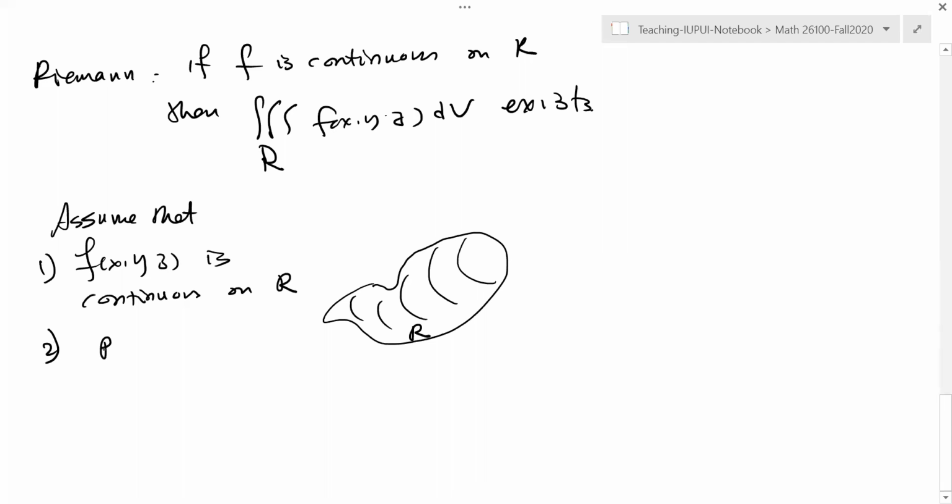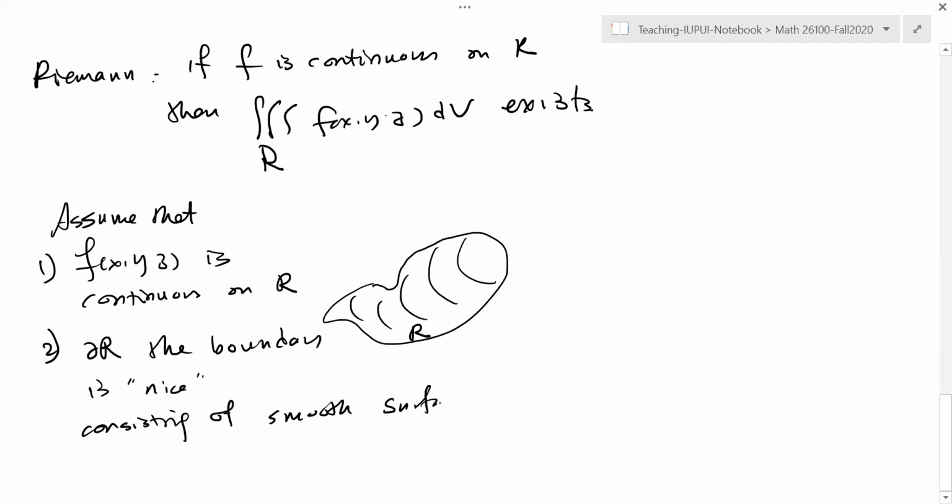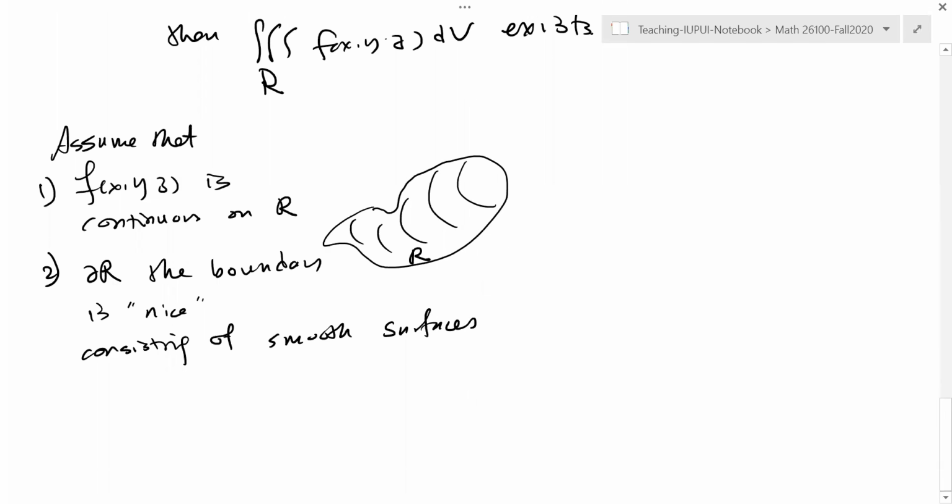The second condition is that the boundary is nice, meaning it consists of smooth surfaces. It's not necessarily completely smooth everywhere, maybe looking like that.